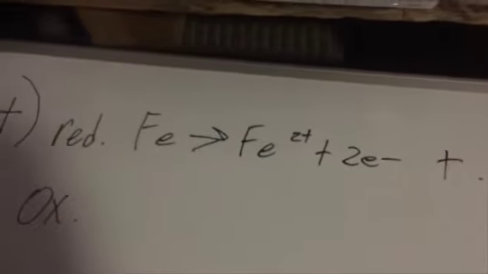For the corrosion to happen with iron, we need to add oxygen, because oxygen needs to be present for this.